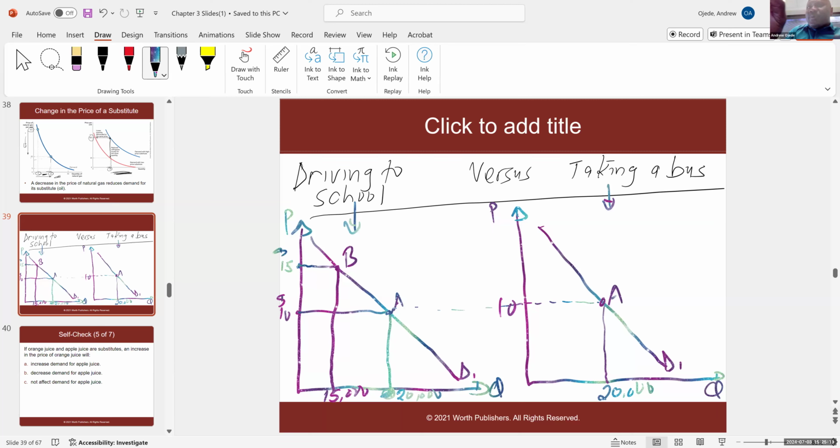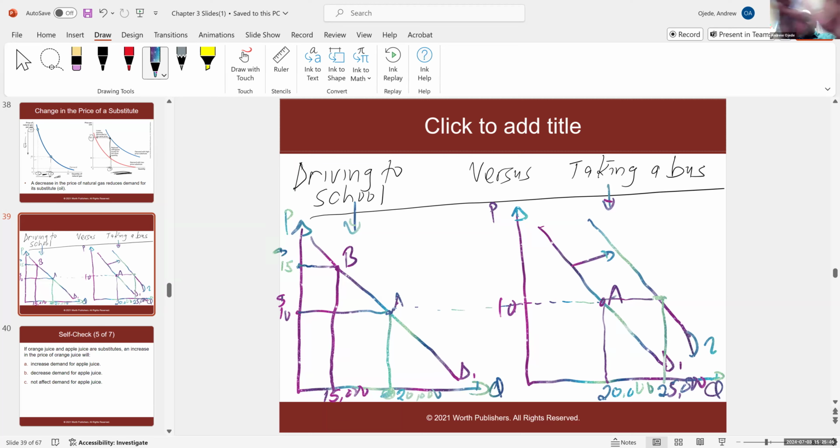We're assuming that the price of taking a bus to school has not changed. So an increase in the price of driving your car to school is going to lead to an increase in the demand for taking a bus. The demand curve is going to shift to the right. So those 5,000 fewer students who are no longer driving their own vehicles to school will find themselves in the bus. So the number of Texas State University students who will ride in a bus will increase to 25,000.